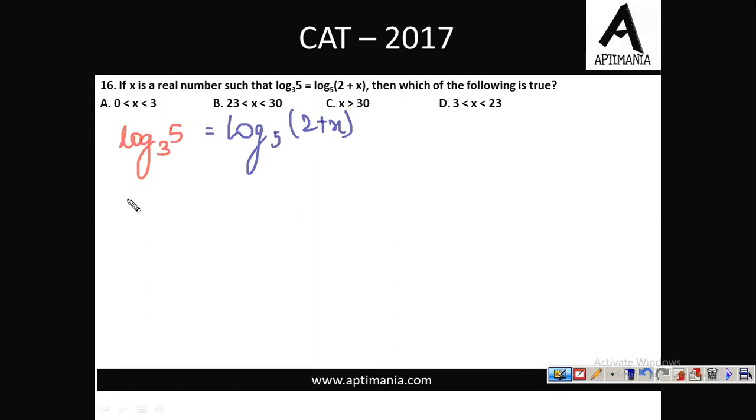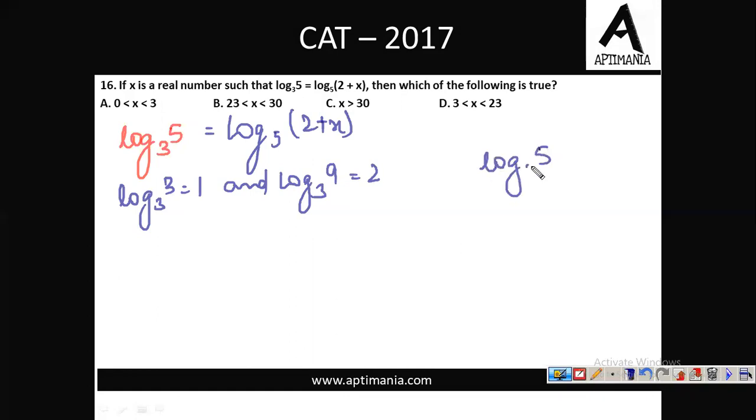We know that log 3 base 3 is equal to 1 and log 9 base 3, which is 3 square, is equal to 2. Since log 5 base 3 lies between log 3 base 3 and log 9 base 3, log 5 base 3 should be less than 2 and greater than 1. So the value of log 5 base 3 should lie between 1 and 2.